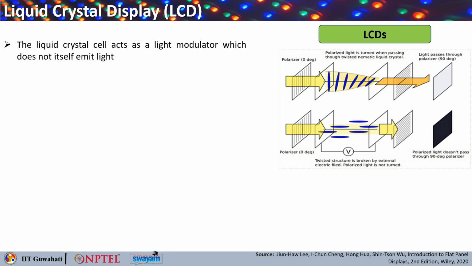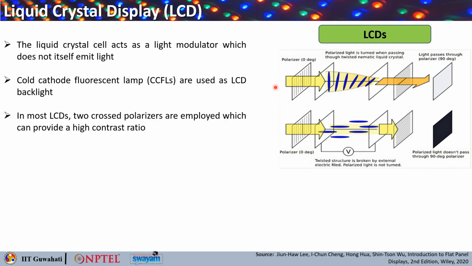So what you have here, typically a CCFL, or cold cathode fluorescent lamp, is used as the backlighting for the LCDs, and then you have 2 cross polarizers. So this is one polarizer, which is 0 degree, so it allows the light with vertical polarization to pass through. Then you have the liquid crystal, the twisted nematic liquid crystal.